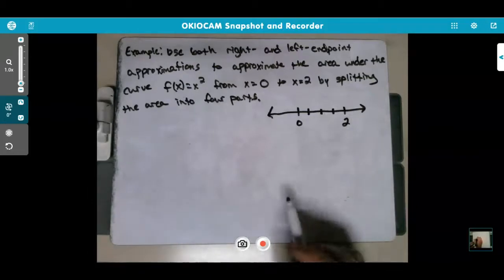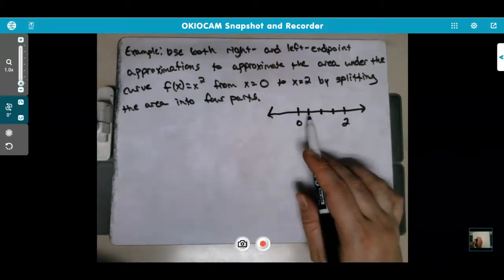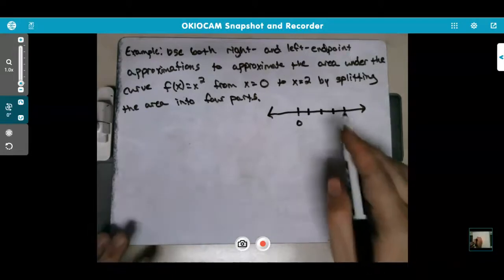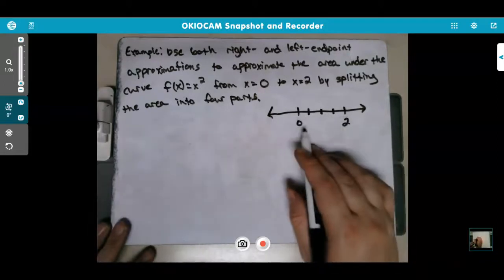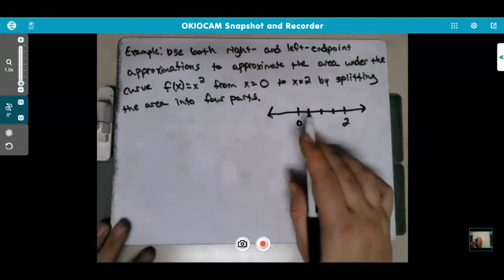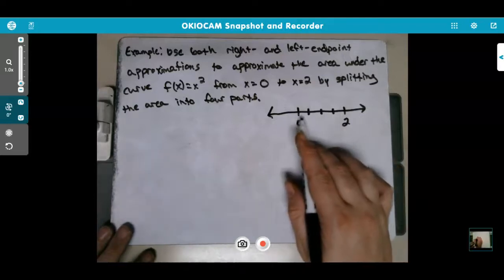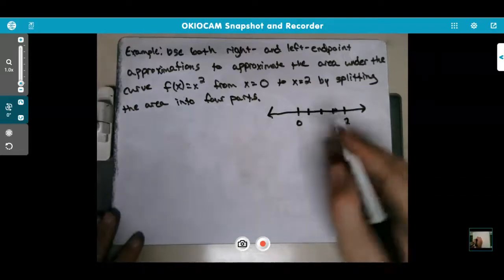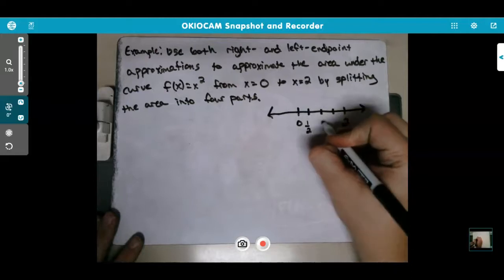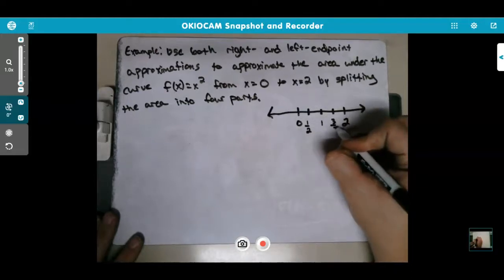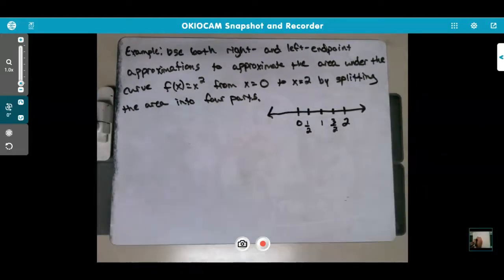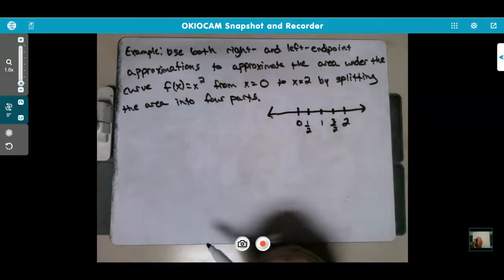So what I want to know is what are the x values for each of these. If I'm splitting this into 4 parts, the total length is 2, so each piece is a half. So my next point would be 1/2, and then 1, and then 3 halves, and then 2. This is having it split into 4 parts.